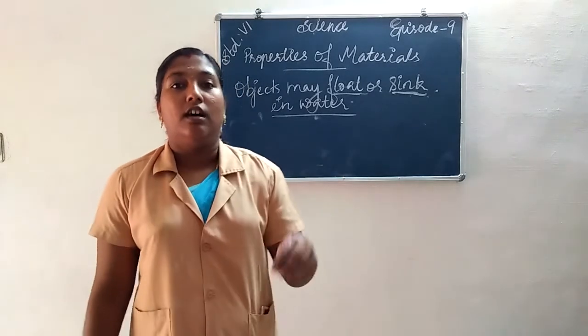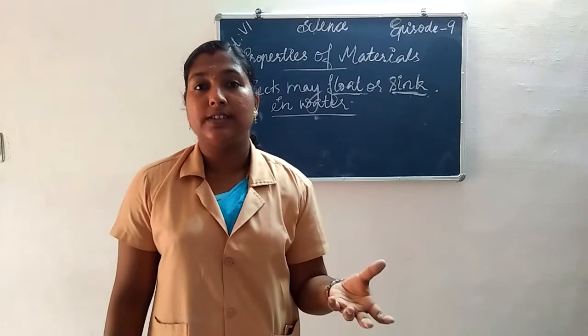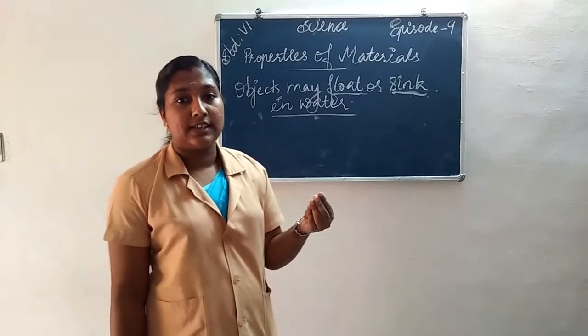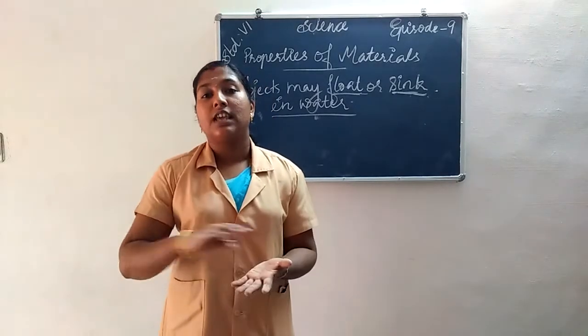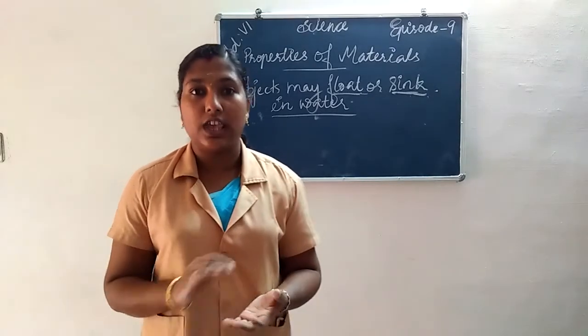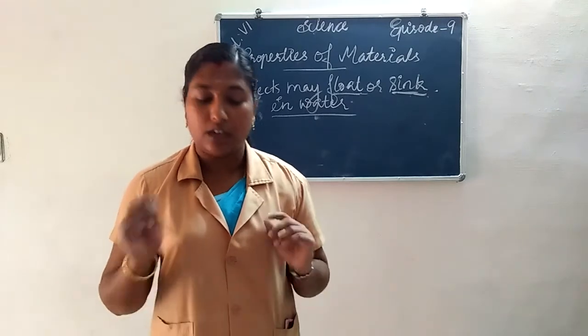If we put sponge pieces or leather or wood pieces into the water, they float on the surface of the water. Floating substances and sinking substances. All of you understood the difference between float and sink? Okay.